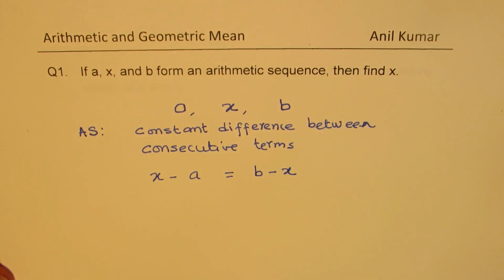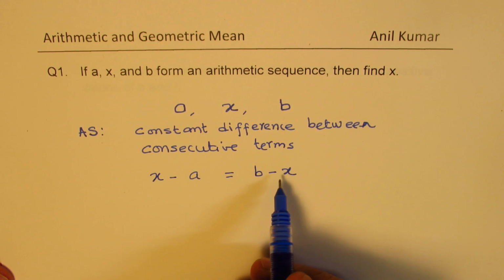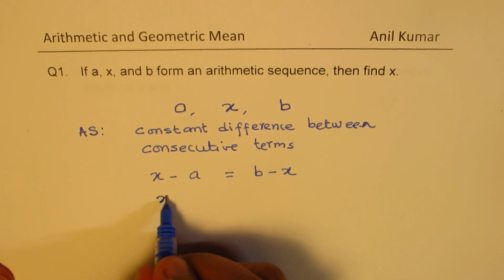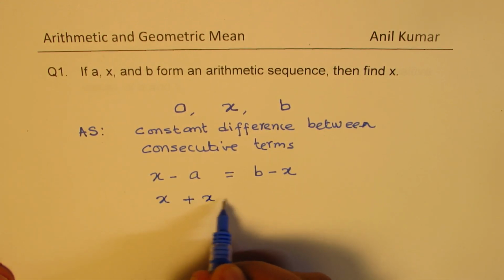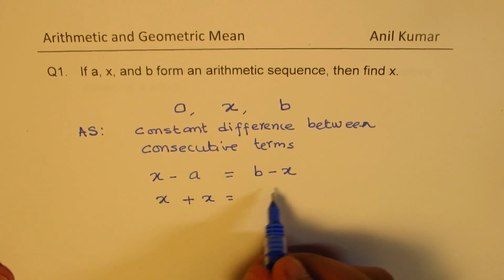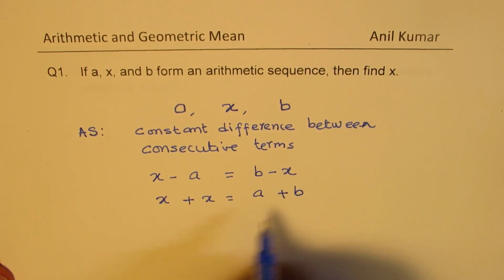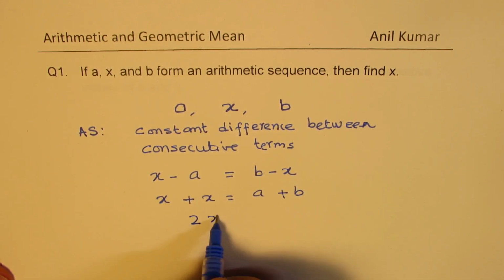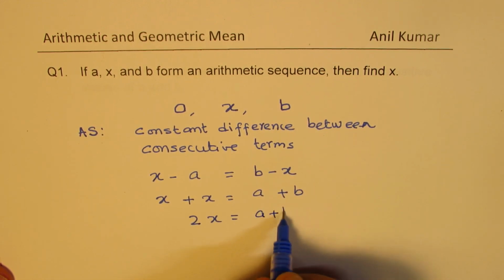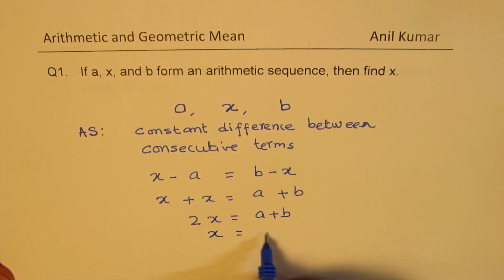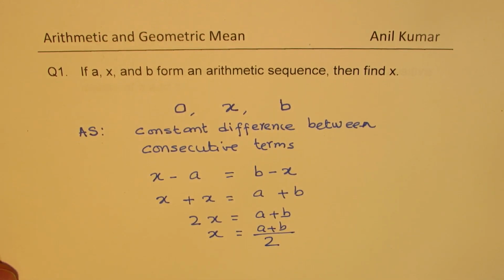Clear? Now we need to find what x is. So let's bring this x to the left side. We get x plus x equals, taking a to the right side, a plus b, right? So 2x equals a plus b, or x is the average value of a and b. Do you see that part?